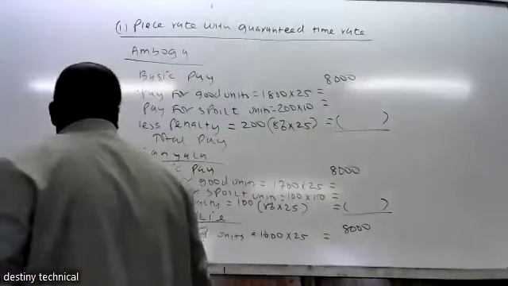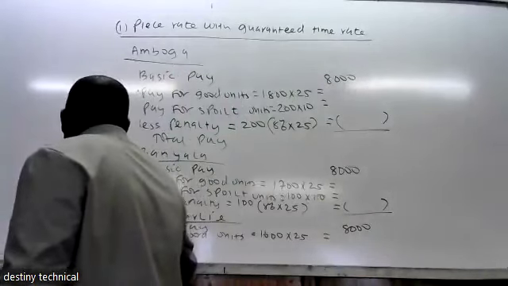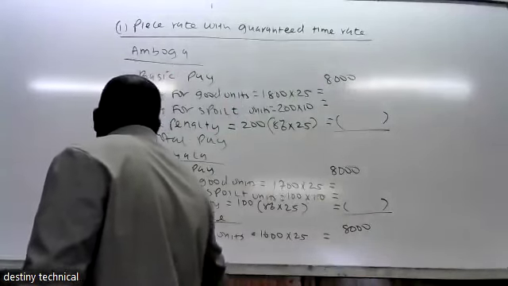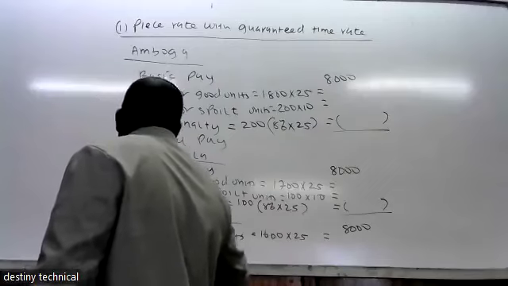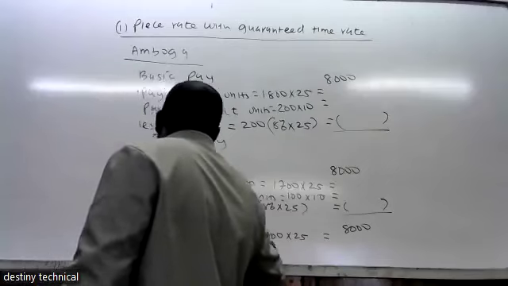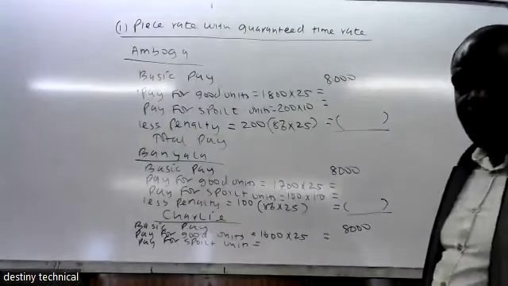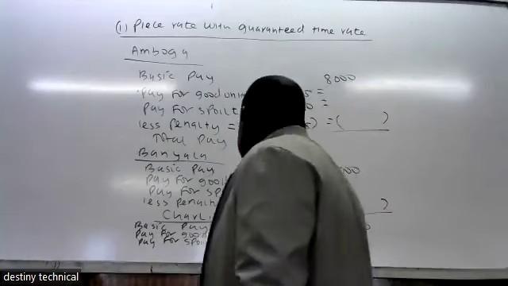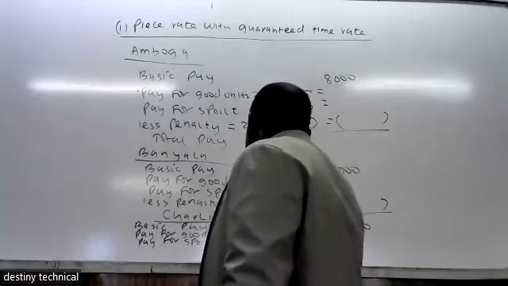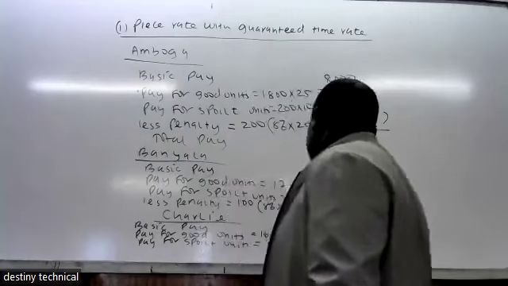Then pay for the spoiled units. So the spoiled, this one is 15 multiplied by 10.